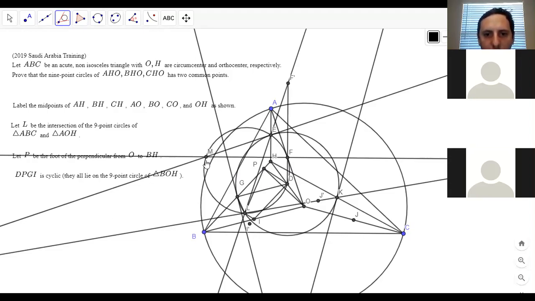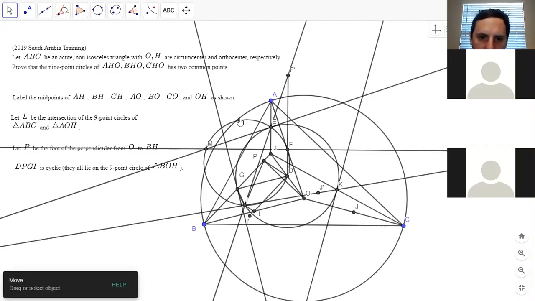Okay, so that's interesting. I'm not sure if this makes the problem easier than what we were doing before, but it's kind of interesting because it looks like these concur.